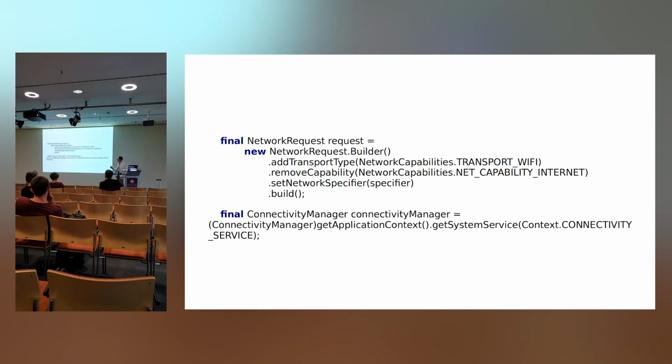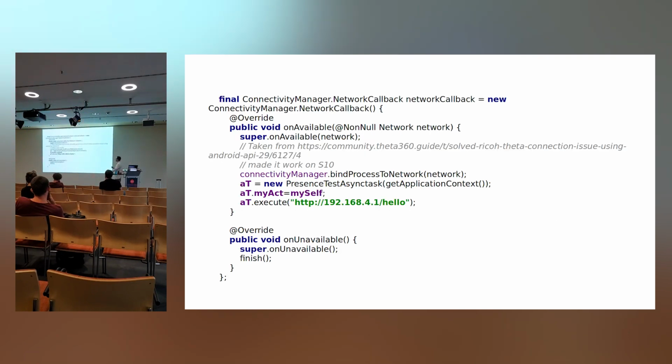And then, in the next step, we have to build this network request object. And then, when we have the network request object ready, we again have to connect to a system service. And here you already see, again, the beauty of this API.